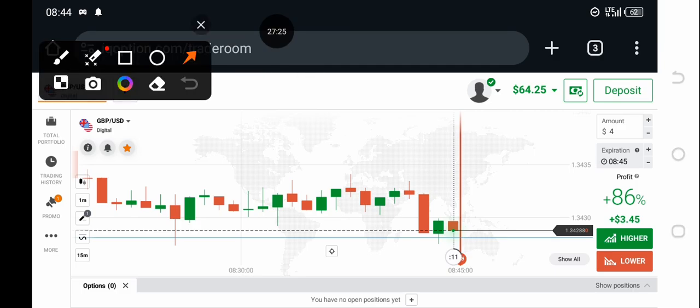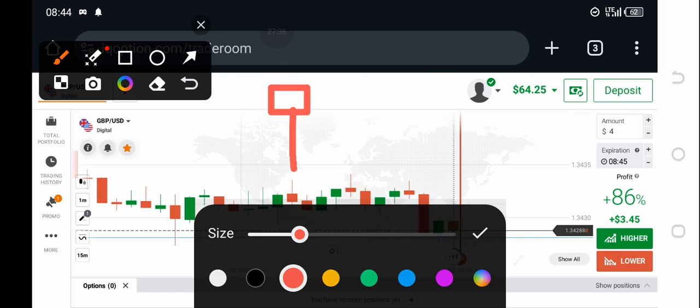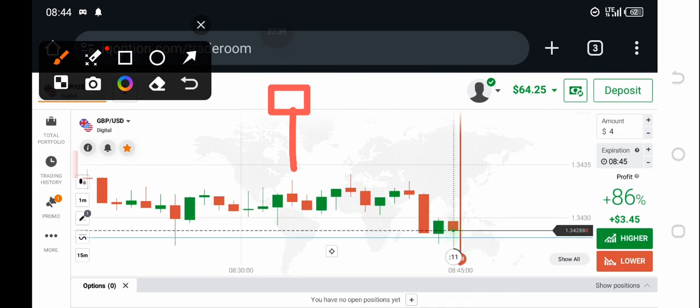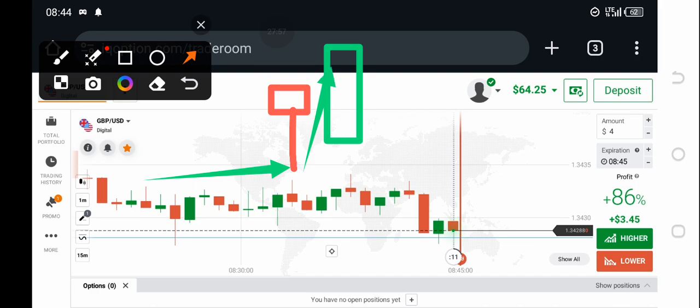If you see a candlestick like this, let me draw a big one, with a strong lower rejection, and then you see another candlestick like this beside it, that tells you that the buyers started entering from this rejection point here, and then they move up like this.